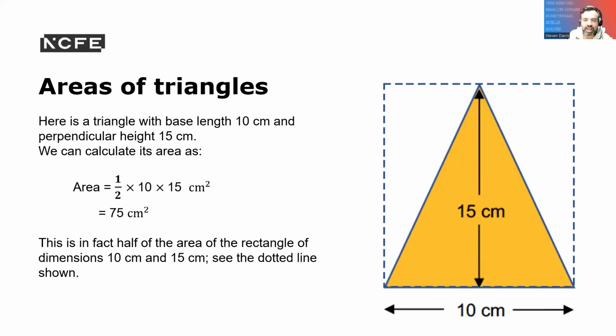So if we look at the area of a triangle, here's a triangle. The base length is 10 centimeters, so that's this bit here. The height is 15, so from the top down. Area is half times 10 times 15, which equals 75 square centimeters. This is, in fact, half of the area of the rectangle with dimensions of 10 centimeters by 15 centimeters, see the dotted lines.